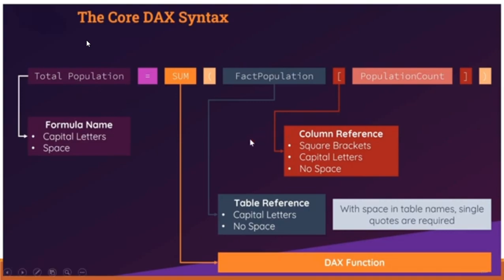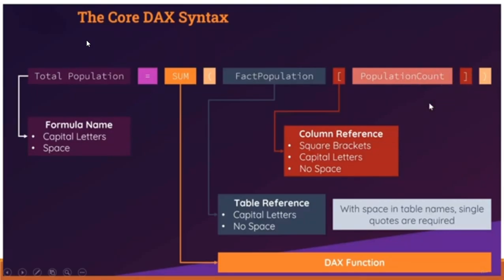Now, as soon as I see this formula, I'm going to know that you're creating a column called total population. To create the total, you are using the sum function on the population count, which is present in the fact population table. So I'm not going to get confused. If you do not specify the table reference, I might get confused: from which table did this population count come?